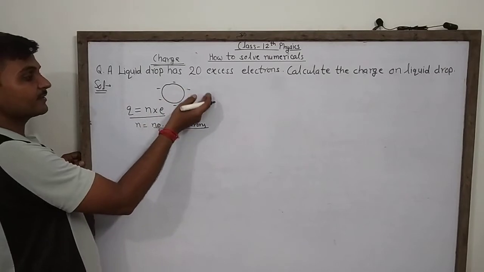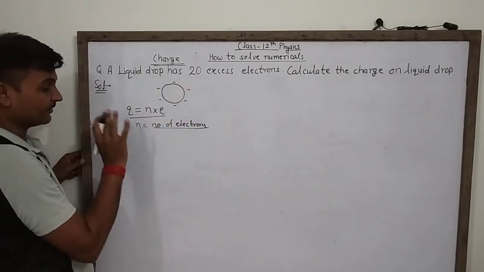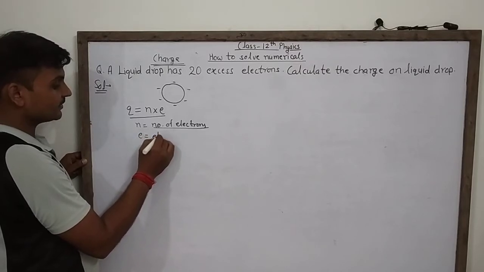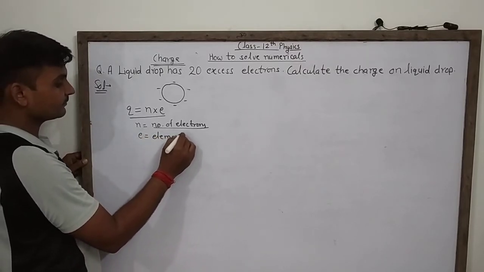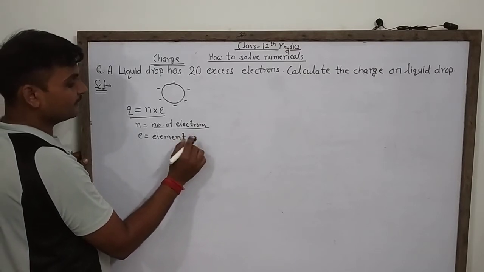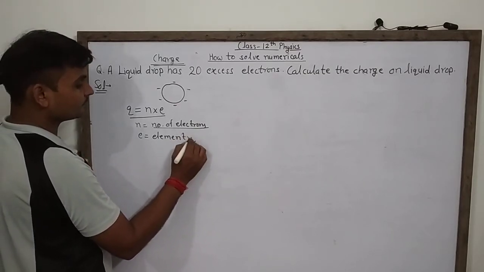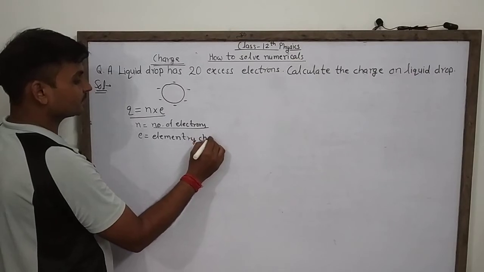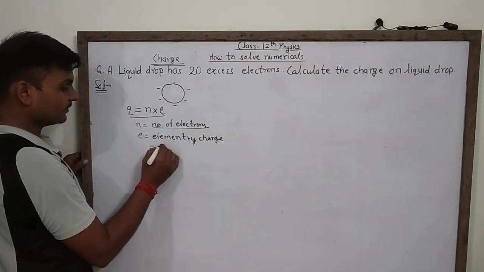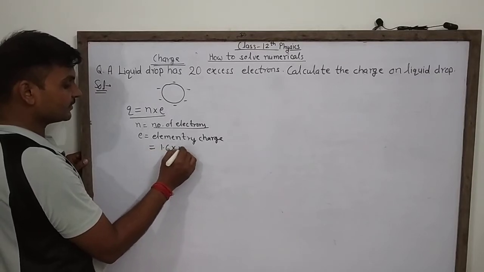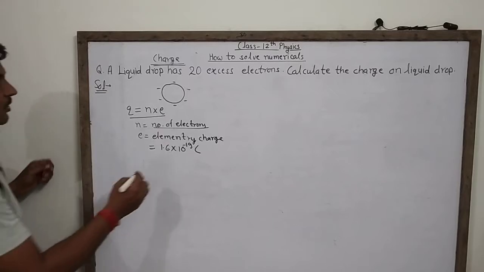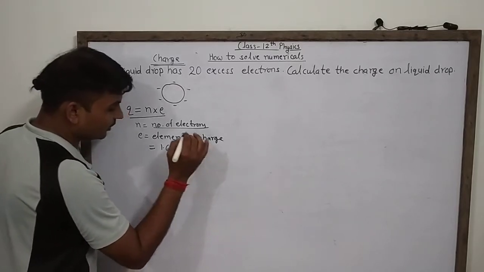It means excess or deficiency of electrons, N, and E is the elementary charge. The elementary charge is defined as 1.6 into 10 to the power minus 19 coulomb. Here coulomb is the unit of charge.